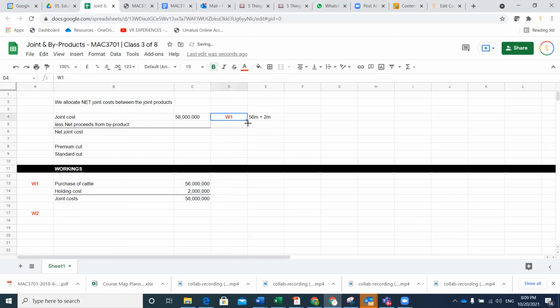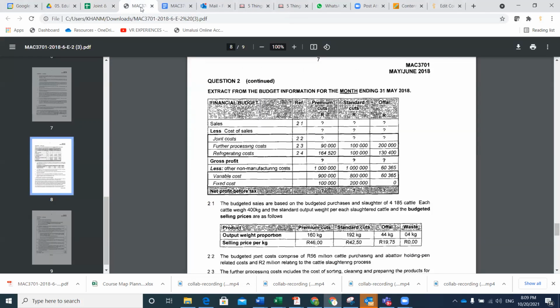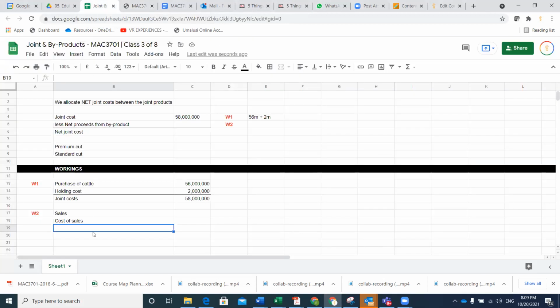It's going to be sales, cost of sales. What was the other one now? So it is sales, cost of sales, and other non-manufacturing costs.